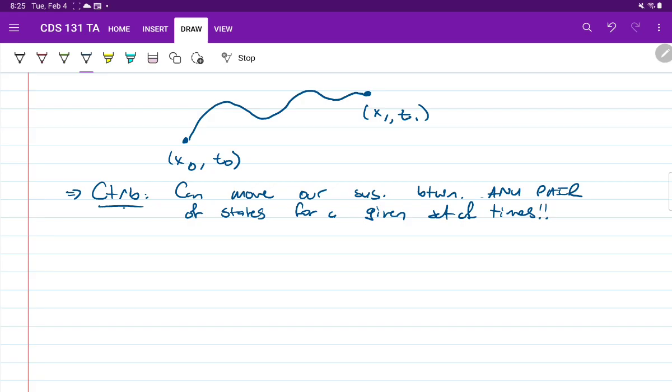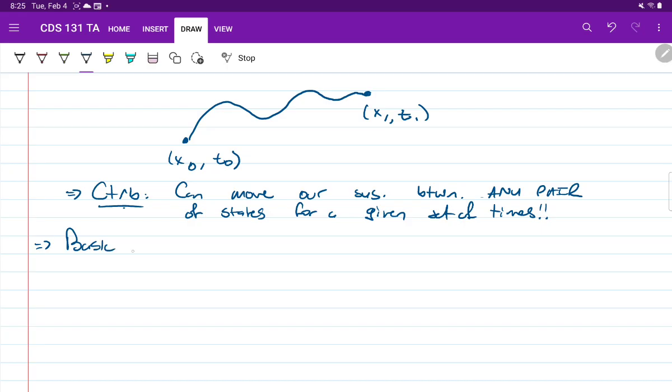With this basic notion in mind of controllability, or as I've abbreviated it here, CTRB, being this idea where we can go from one state at one time to any other state we want at any other time, we can start to put down some more basic mathematical reasoning to these things.